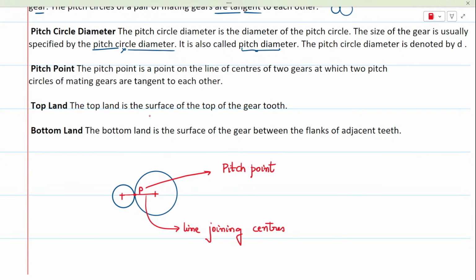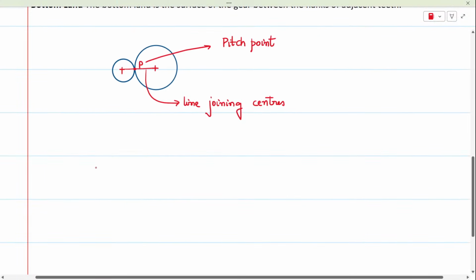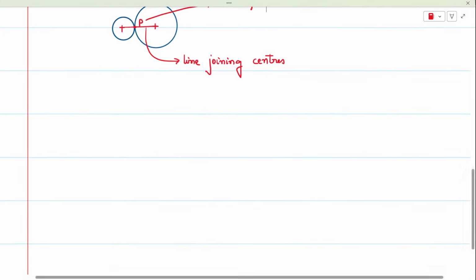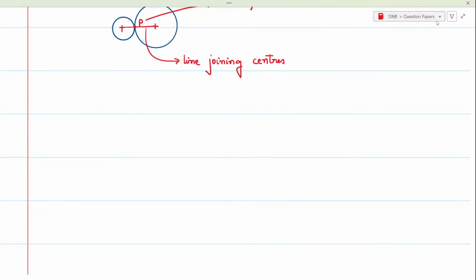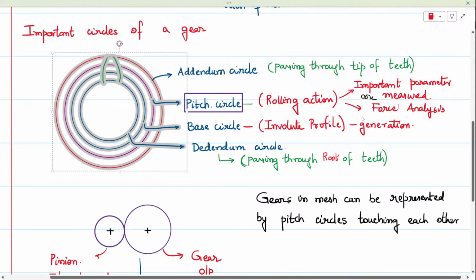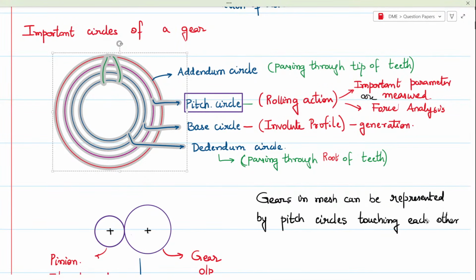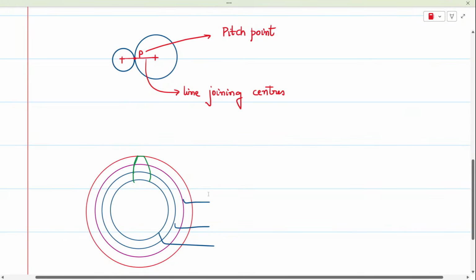Next is top land. Top land is the surface of a gear tooth. Let me explain that to you. Let me copy this diagram, as I'll be saving time. In the same diagram, I will try to draw a three-dimensional view of the teeth only.